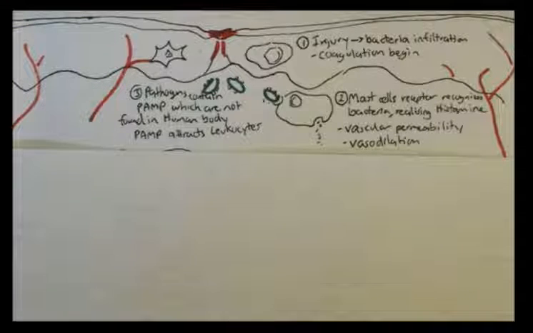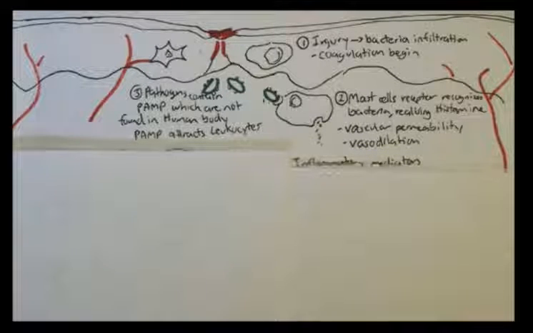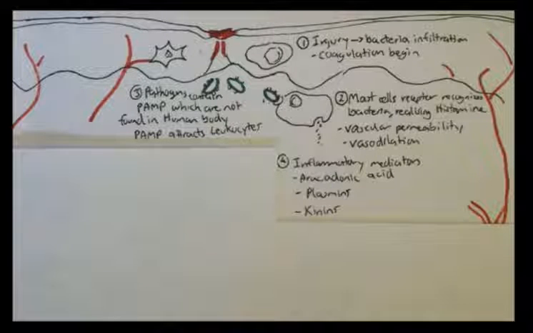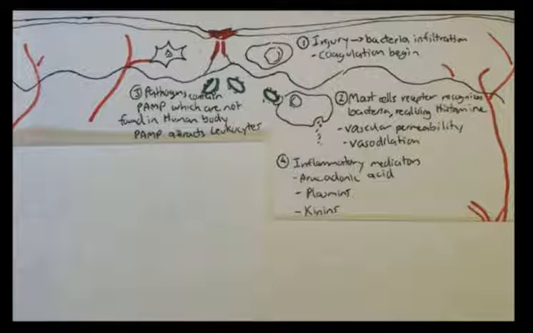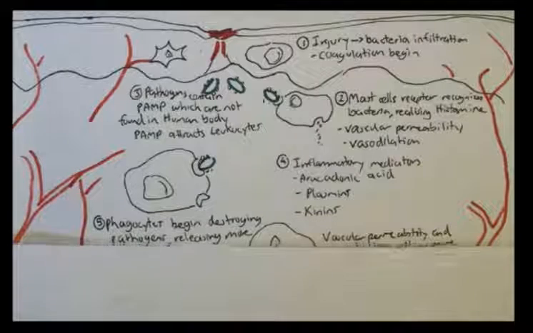Now, as mentioned, the pathogens contain PAMP, which is not found in the human body. And the pathogen-associated molecular pattern, PAMP, basically attracts leukocytes, initiating the immune response. PAMP also initiates the inflammatory response, attracting inflammatory mediators such as the arachidonic acid, plasmins, and kinins.